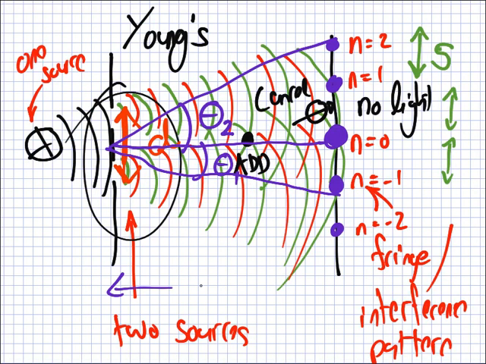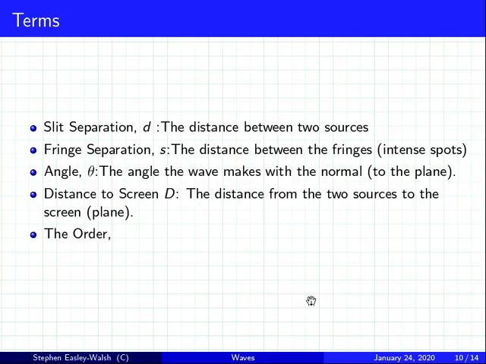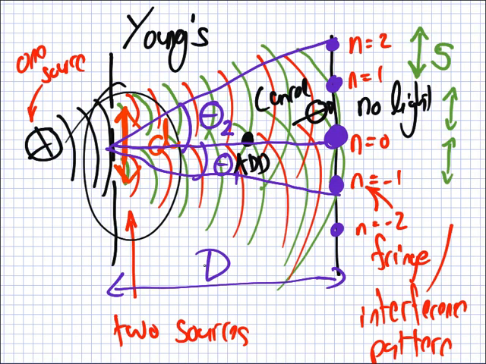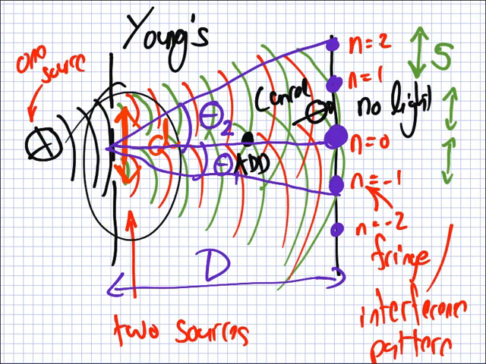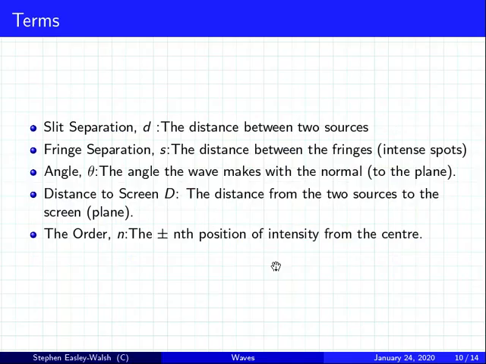That's this distance, and I use a capital D. And the order is N. These are called the order, the position. I'll give you a minute to write that down. You can either write this down or add it to the diagram, whichever you prefer.